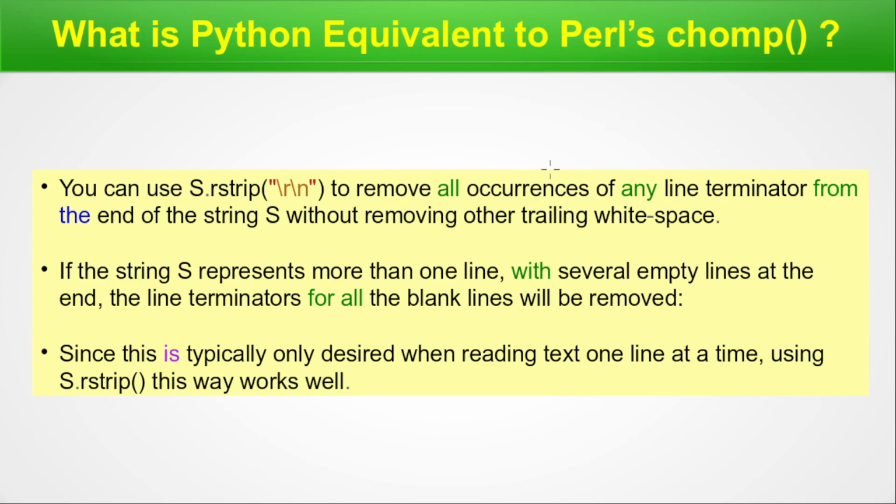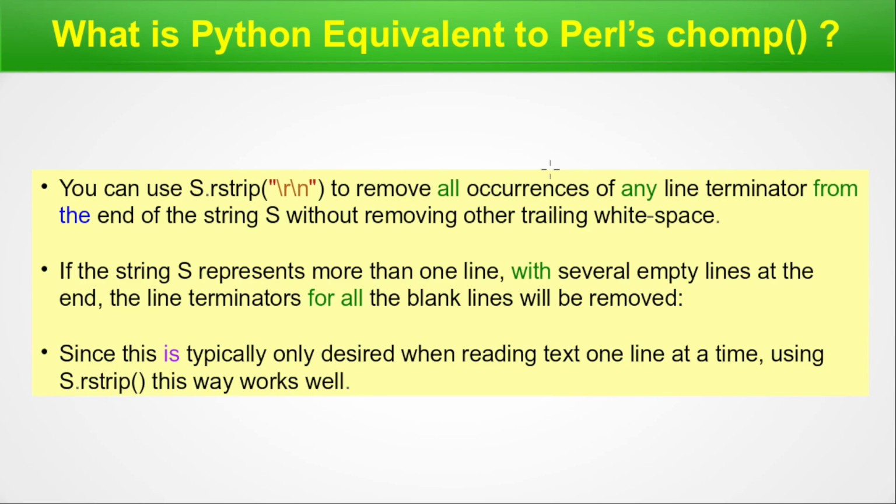Why are we talking about Perl's chomp and its equivalent in this episode? Because generally this is used while we are getting the file and path name, maybe from a log file, maybe from some other tool output, where there may be a chance of having some extra carriage return or newline character at the end. There you have to use it.